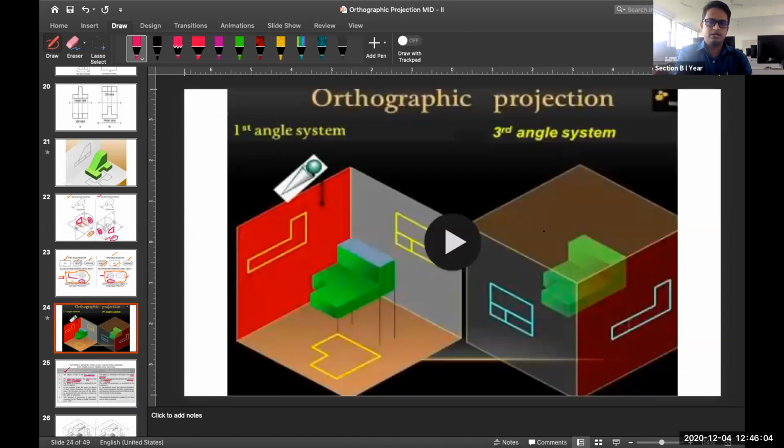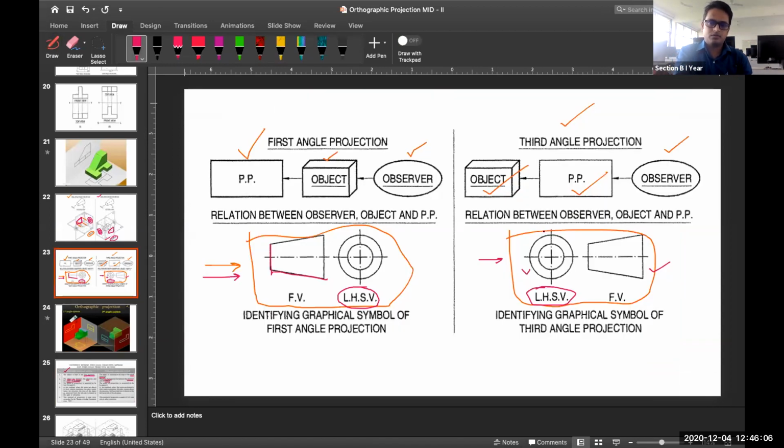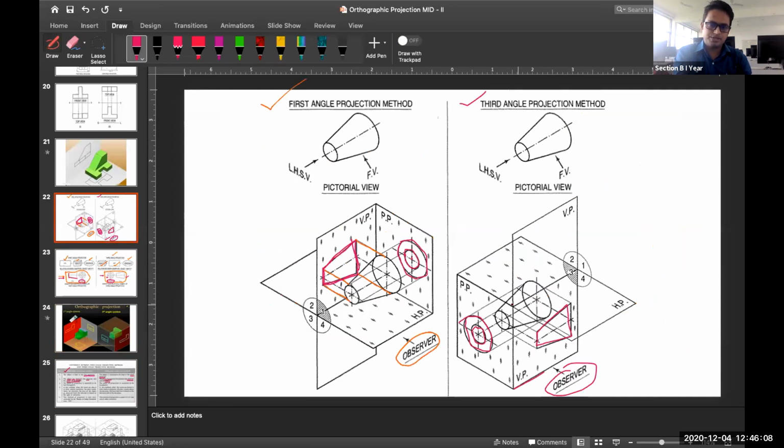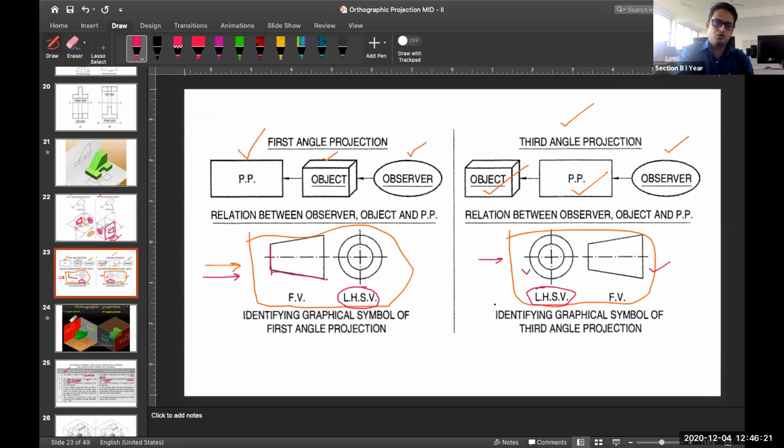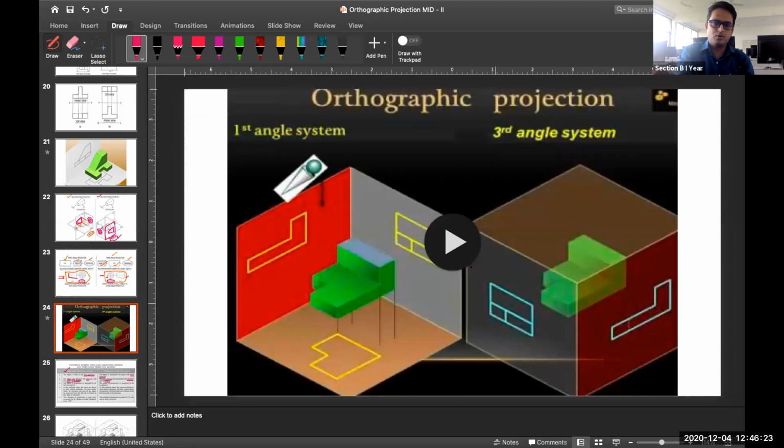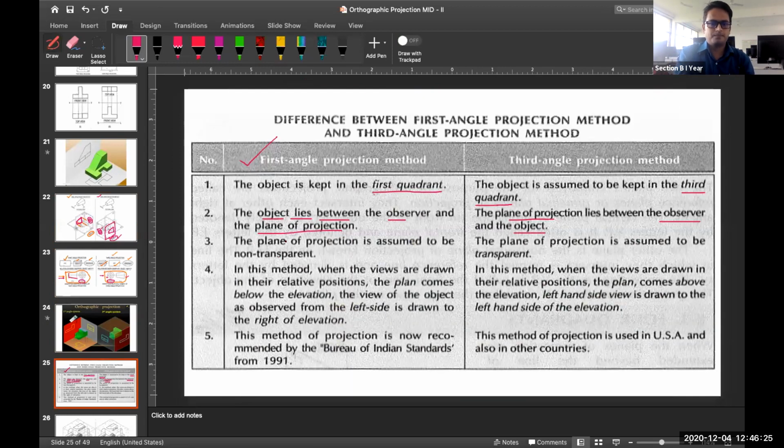You can see here clearly, this is your plane of projection. The plane of projection is coming between your observer and the object. So this is your next point: plane of projection lies between observer and the object.